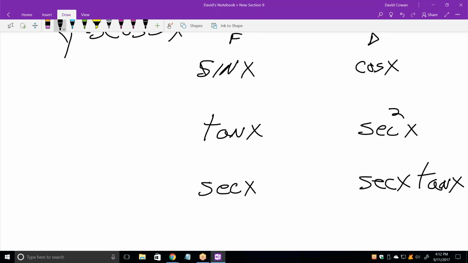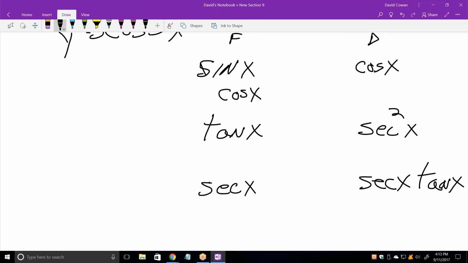In other words, cosine x is to sine x. It's the cofunction of sine x. Do you know cofunctions? Cofunction is take the trig function and stick a co in front of it, unless it already has a co in front of it, and then take it off. That's cofunctions. So cosine is cofunction with sine. Sine is cofunction with cosine.